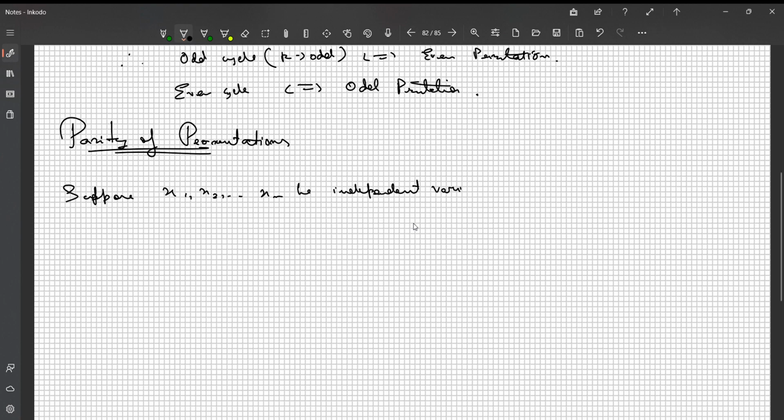Now suppose x1, x2 till xn be independent variables. So these are certain variables, and define a polynomial delta as the product of xi minus xj, for i less than j, right?